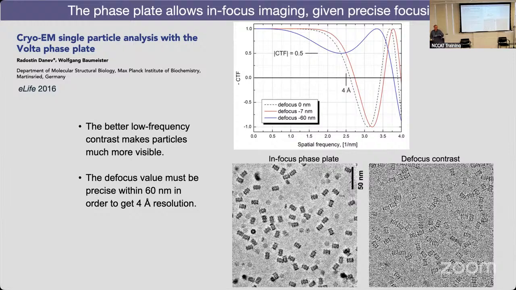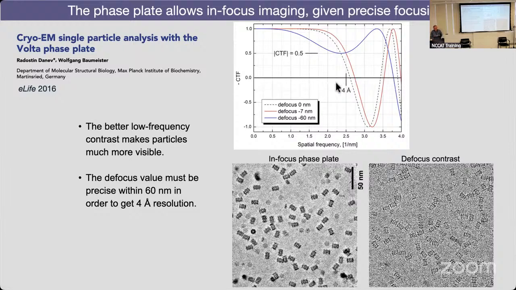Why do you think it starts oscillating at the highest resolutions? Remember, this is now cosine of chi, and chi has the defocus term and the spherical aberration term, and the spherical aberration term starts taking off, I said around 4 angstrom. So what we're seeing is the oscillation starting up from the spherical aberration.